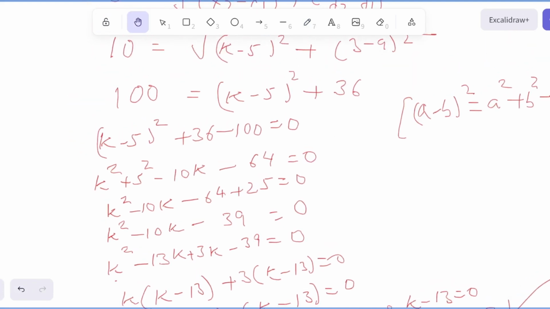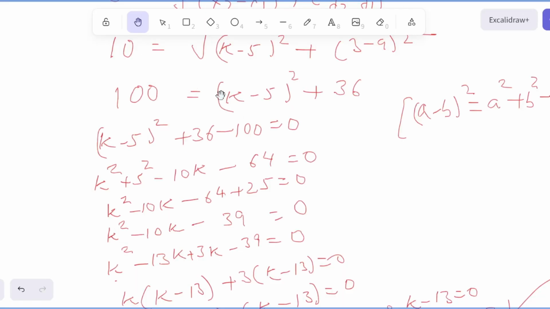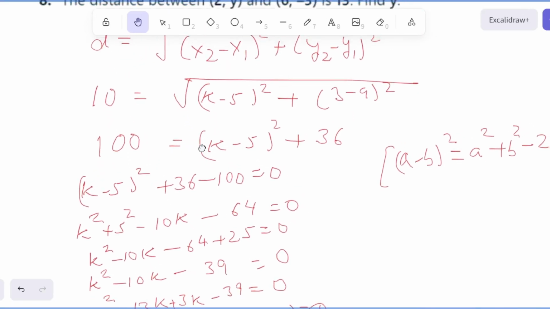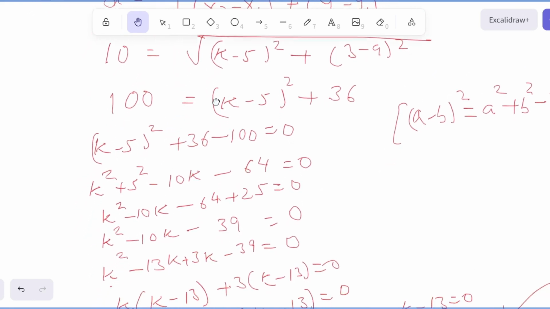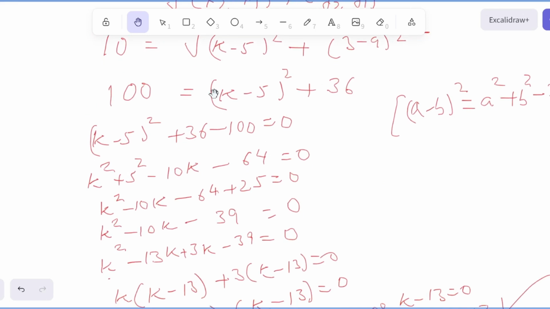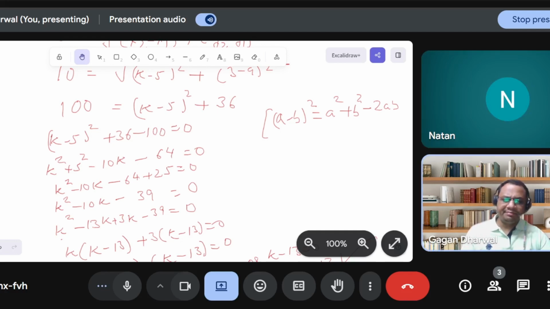You can have a check of how we have done. Let me scroll down a little. This is how we have done, started from here. You can have a check. So basically what we did, we just plugged the values into the distance formula.